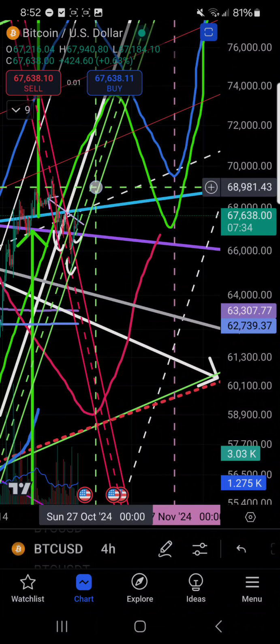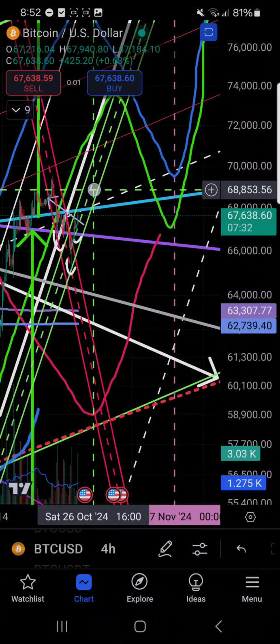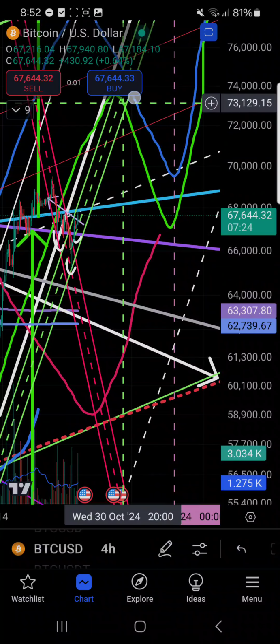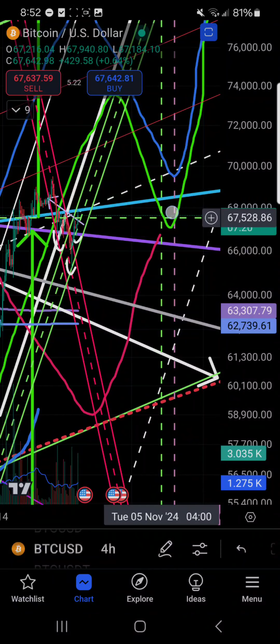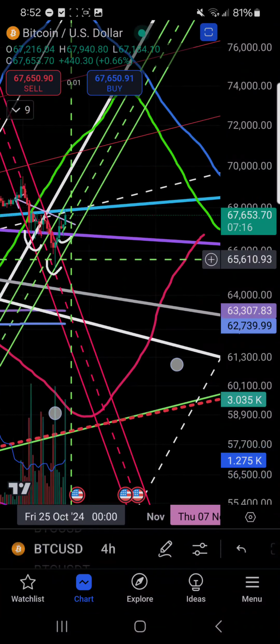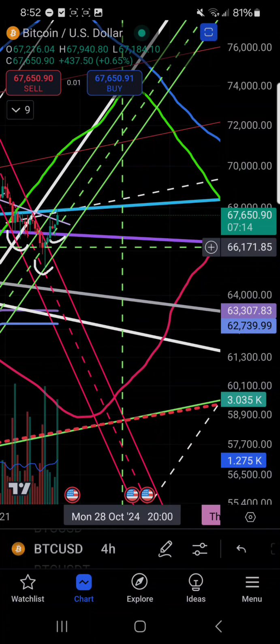And where is 69K here? 69K right about there. So do we come all the way back? I drew this assuming we would come back up to 74K and then dump back down from there. Maybe though, as Eric Crown seems to think that we've already seen the high of October.